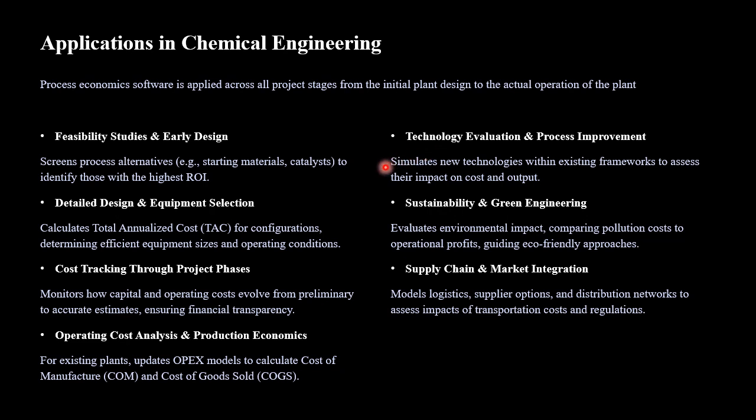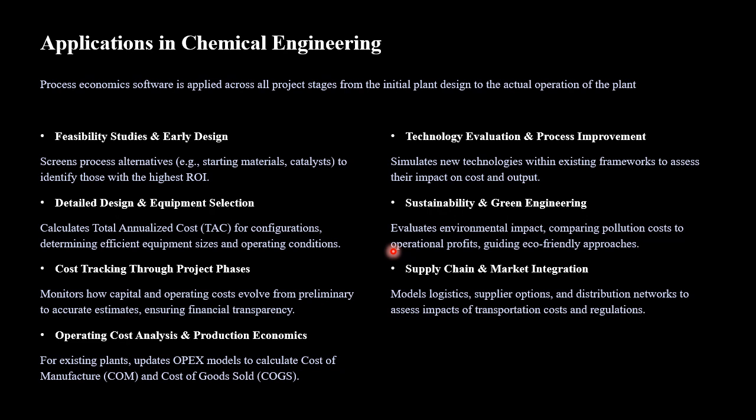Again, process economic software tools can perform sustainability and green engineering metrics. So they're able to estimate the environmental impact, that's in terms of the cost, and then the cost of pollution as well, as a result of the operations of the plant. And then finally, they are used in supply chain.